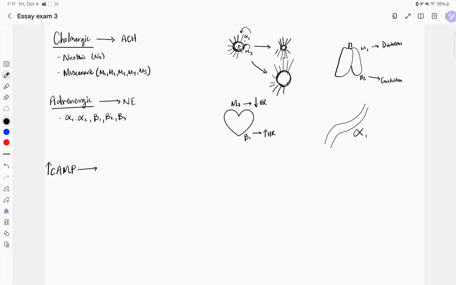When cyclic AMP increases, that is going to result in a greater sympathetic response. When cyclic AMP decreases, it's going to result in a greater parasympathetic response.